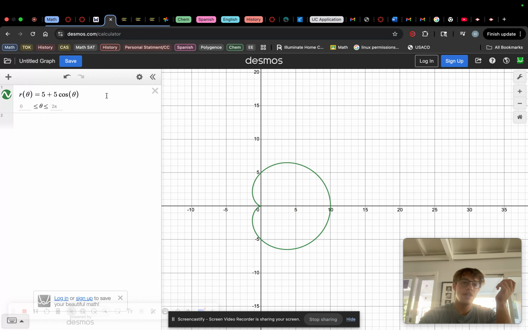So we have 10 equals 5 plus 5 cosine theta. Now if we subtract 5 from both sides, we'll get 5 equals 5 cosine theta.